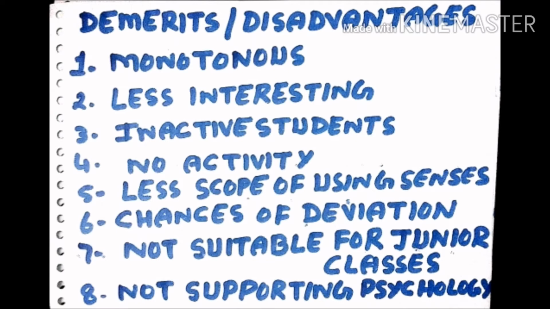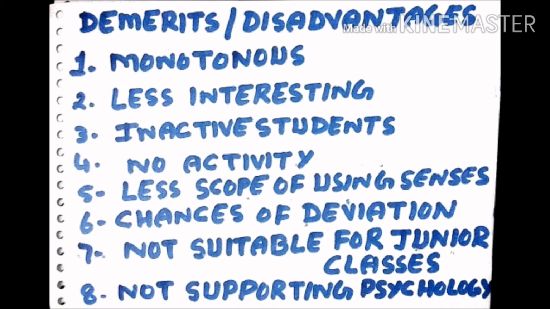The fourth demerit is that no activity happens in the classroom, only verbal communication goes on. And the fifth demerit of the lecture method is that there is less scope for using senses. Only the listening skill is being used by the students, so only the hearing sense is being used, and no other senses are being used in the lecture method.